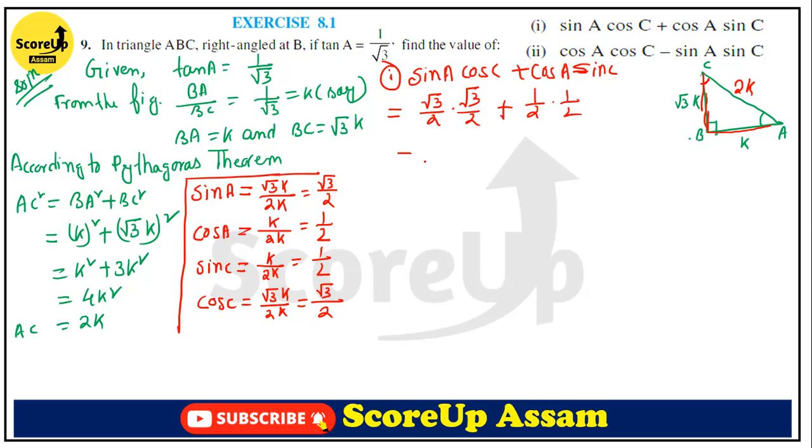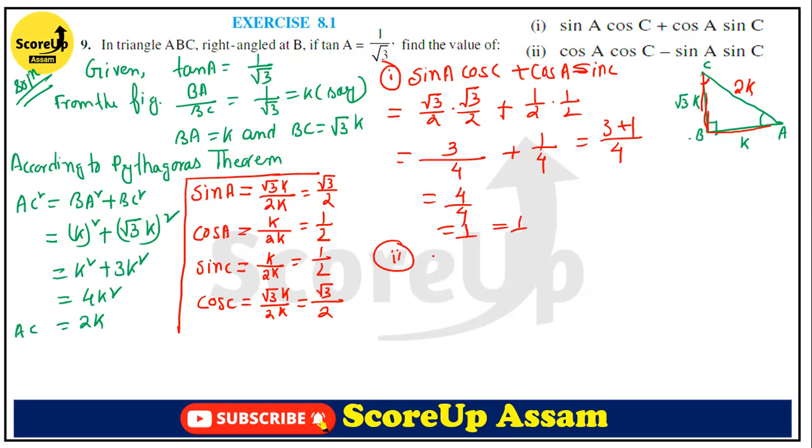So ultimately it will be 3 plus 1 by 4, that means 4 by 4, which is equal to 1.